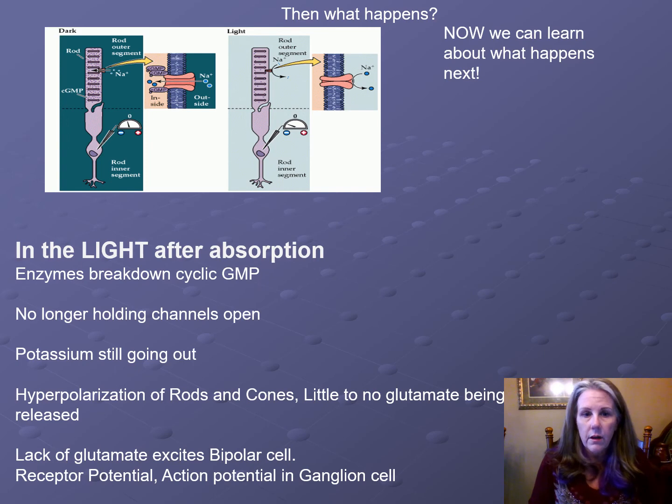We are there because the lack of glutamate at that synapse excited the bipolar cell. As it turns out, the bipolar cell will now experience a receptor potential. A receptor potential is a type of local or graded potential. So now we have our graded potential. We've gone through the second one, the transduction of the stimulus.